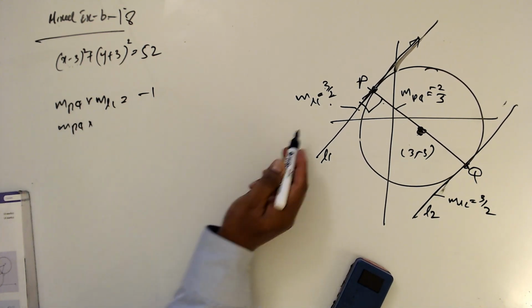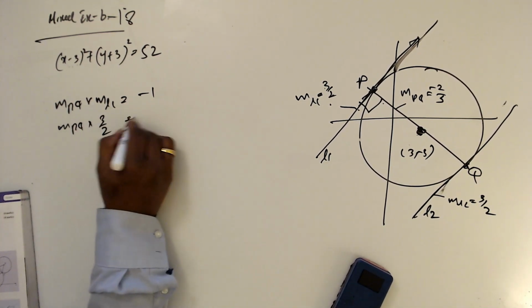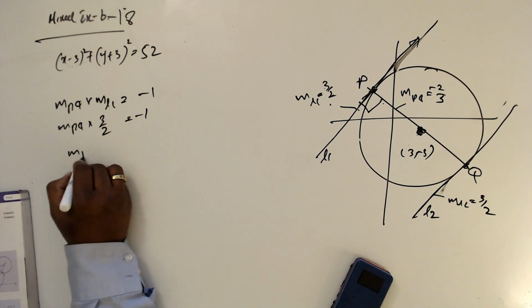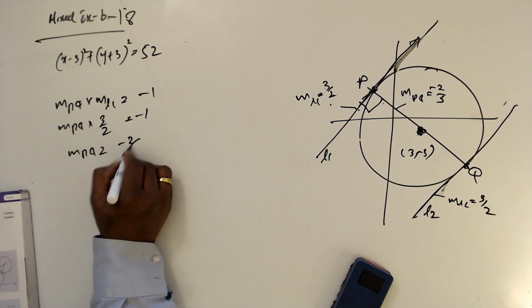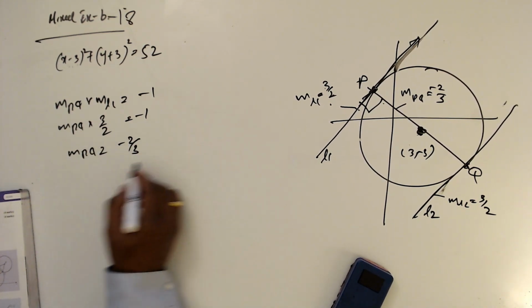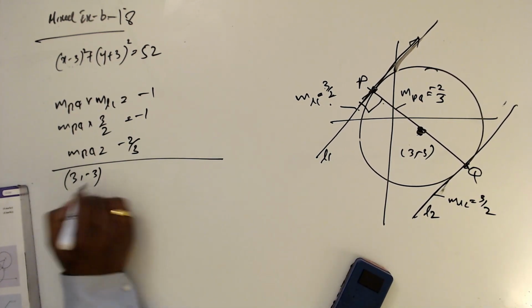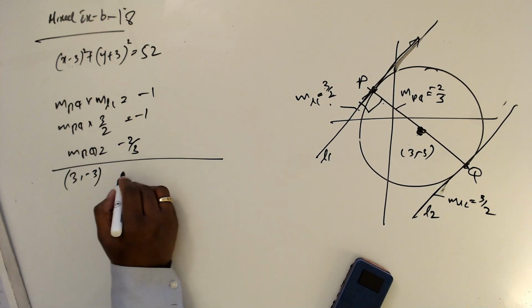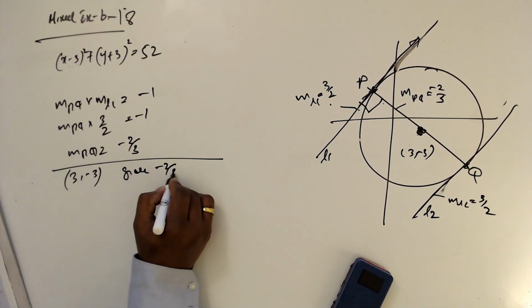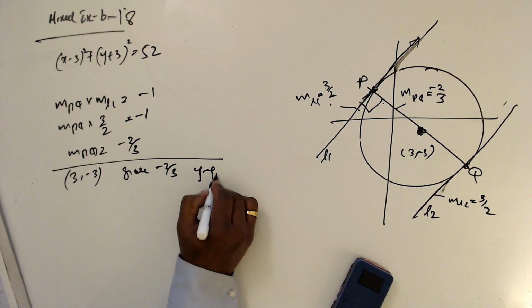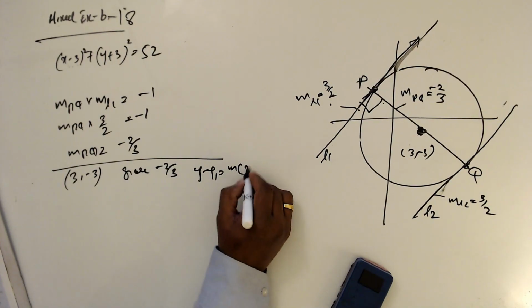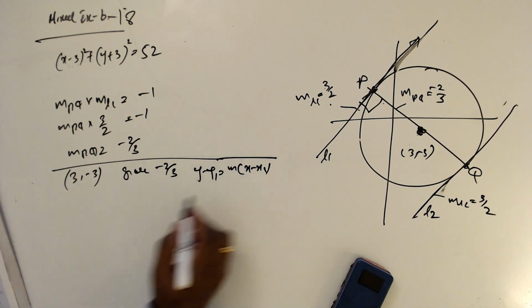MPQ times ML1, which is 3 over 2, equals minus 1. So MPQ equals minus 2 over 3. And now we have a center (3, minus 3), and the MPQ gradient is minus 2 over 3. Using y minus y1 equals m times x minus x1.